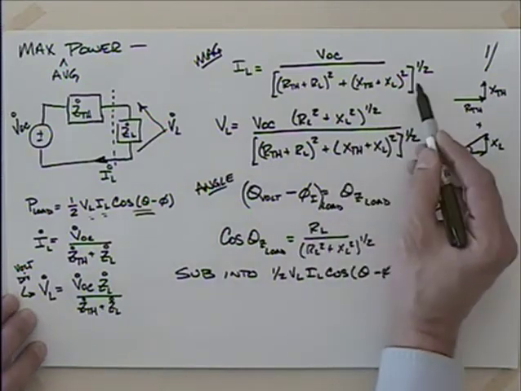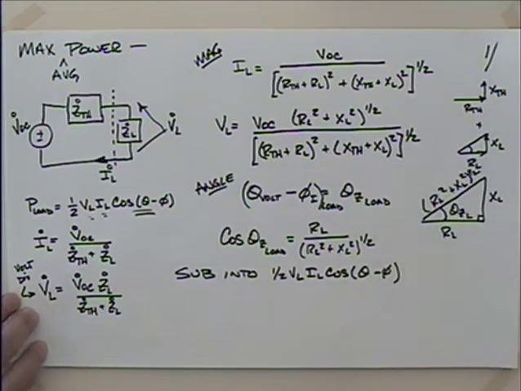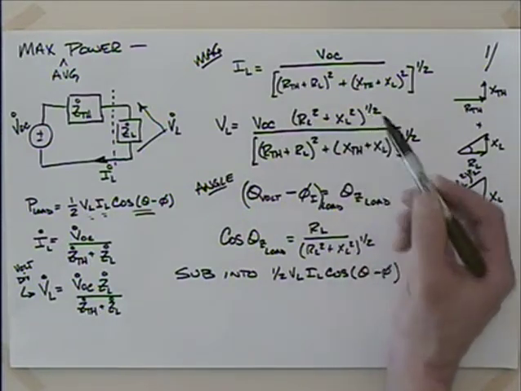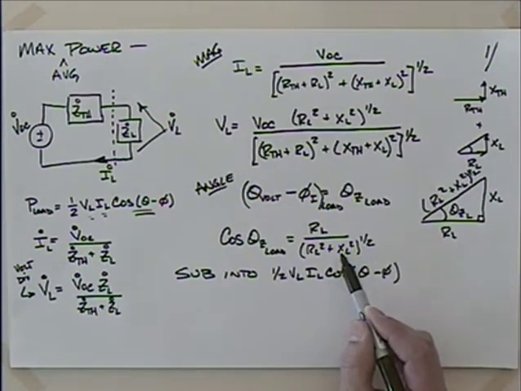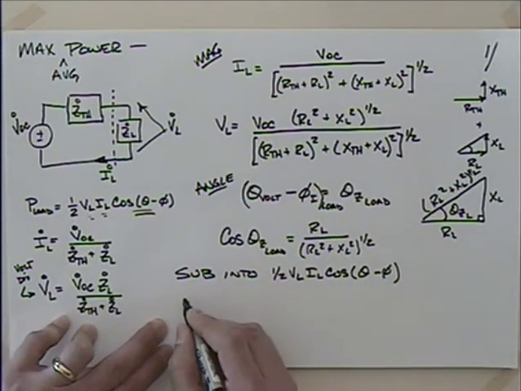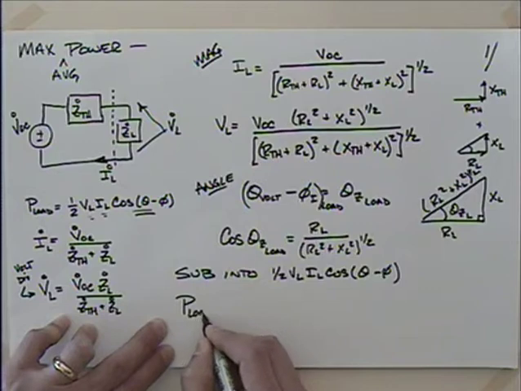I'm going to have these two, right? They have the same denominator, and it's a square root, so when I multiply them together, I get the denominator. That'd be kind of nice. And then this numerator here, this RL squared plus XL squared to the 1/2, that's going to cancel with the denominator there, isn't it?